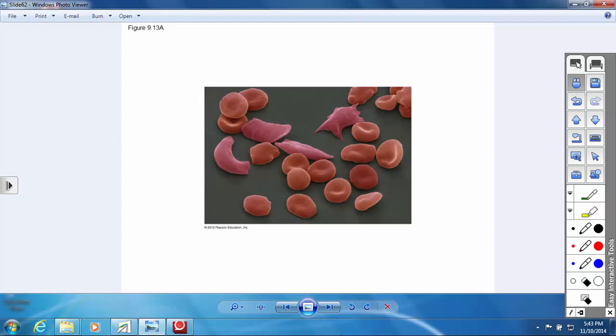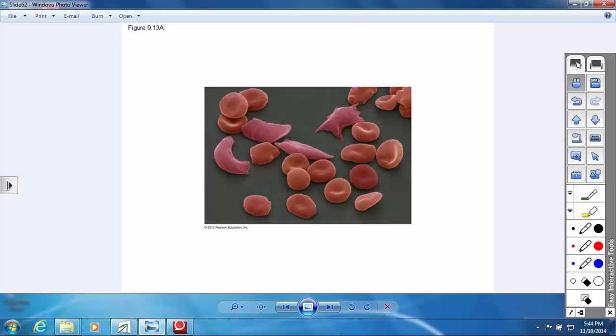And you see this very often in Africa. One allele will produce these sickle cells, and the sickle cells don't carry oxygen nearly as well as the regular blood cells. So if you're homozygous recessive for sickle cell, you have a very hard time moving or doing anything because of the lack of oxygen. If you're homozygous dominant for the normal condition, you can carry oxygen normally.